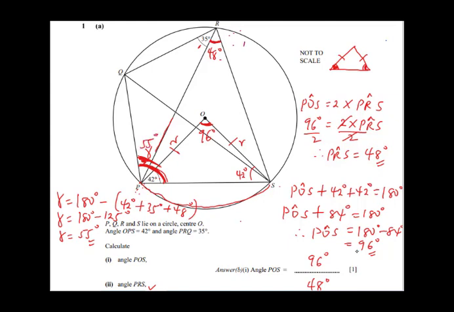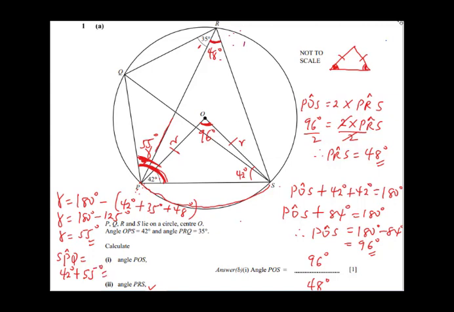So since we know that, we can now find angle SPQ. We know SPQ will be 42 degrees plus that 55 degrees.